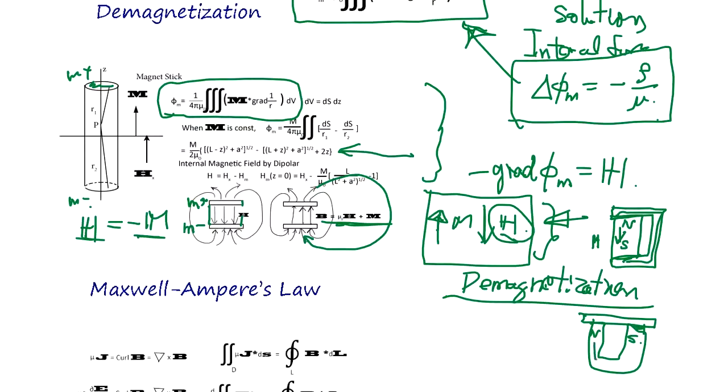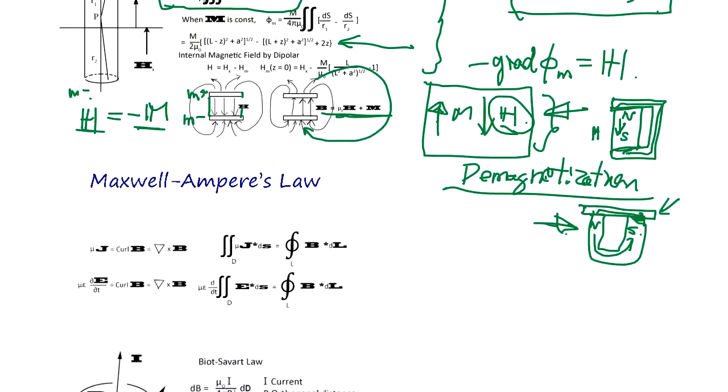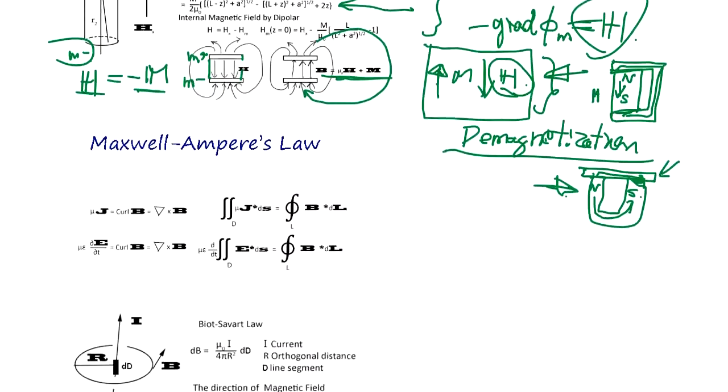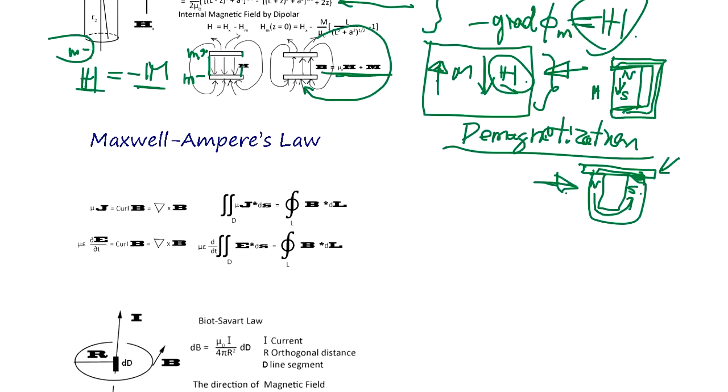So the magnetic field doesn't run within the stick, it all runs out here. And this iron stick gets magnetized, but it avoids demagnetization. So you can go through this exercise and check the direction of the H produced by the surface charge, and you see that it goes against the magnetization.